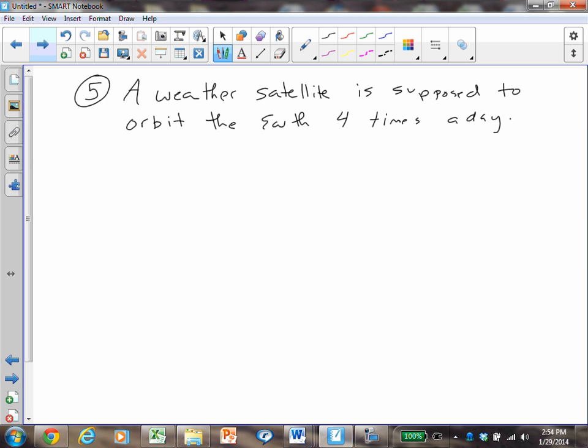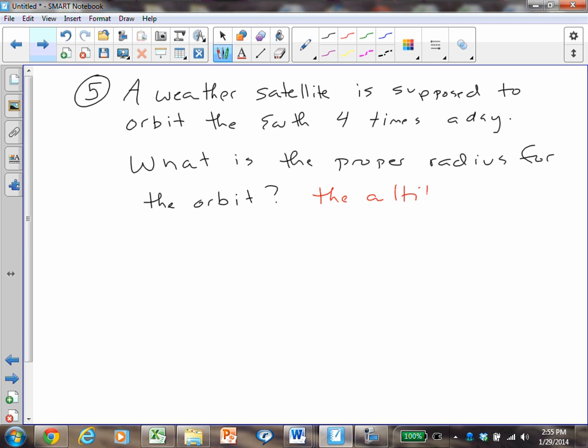What is the proper radius for the orbit? Okay. Radius means from the center of Earth. That would be a different question than altitude, because for altitude you'd have to subtract off the radius of the Earth, right? Well, let's get the altitude too. We'll do both. So 4 times each day.